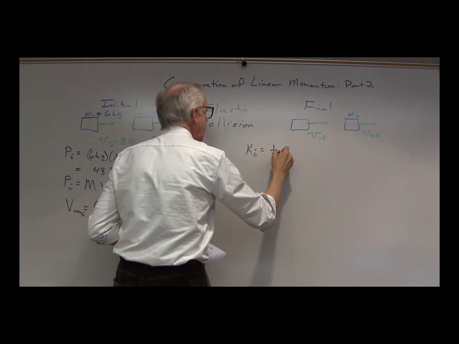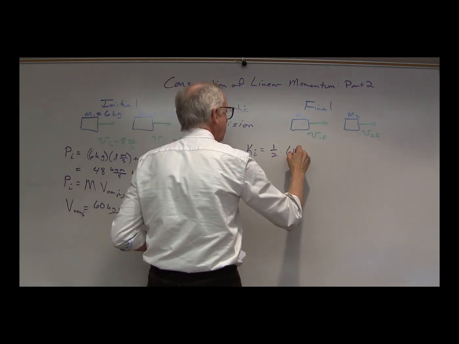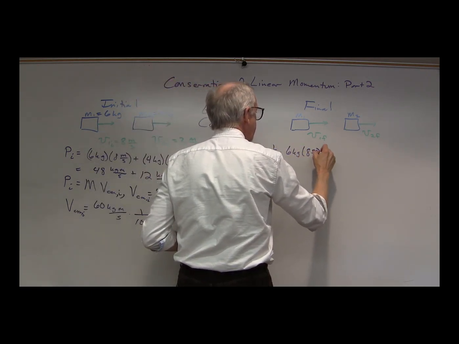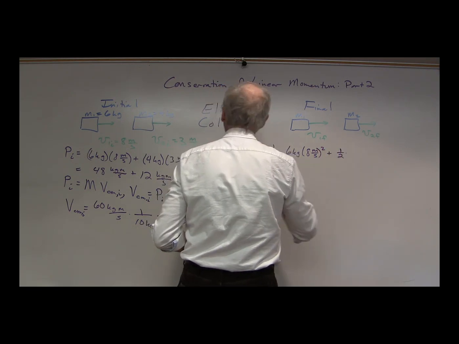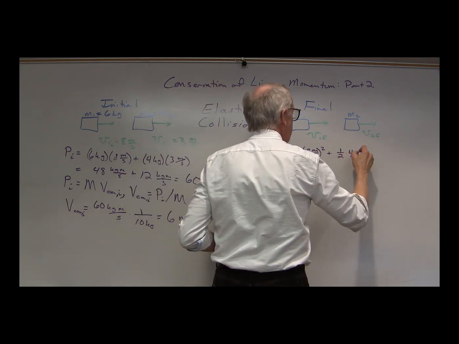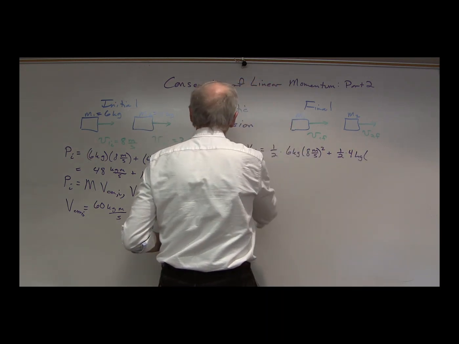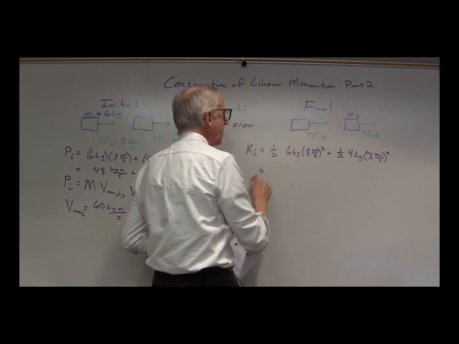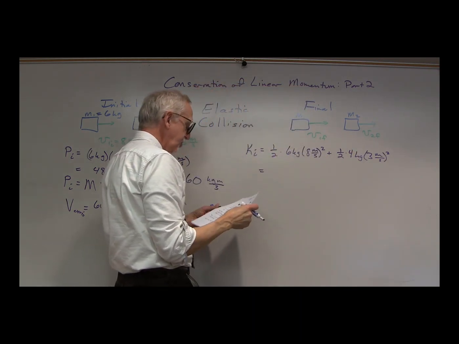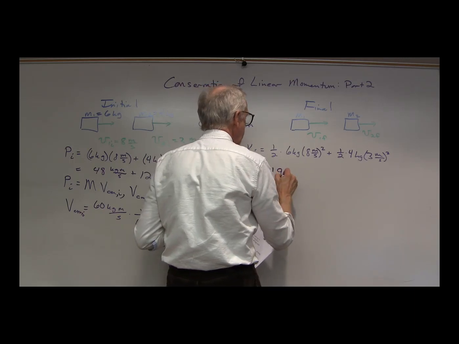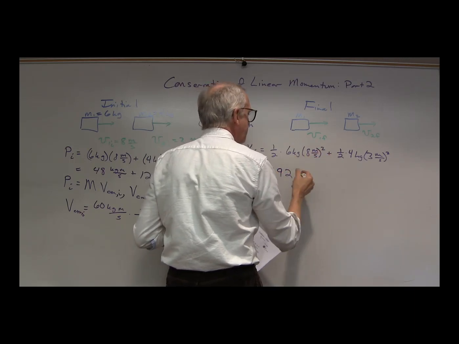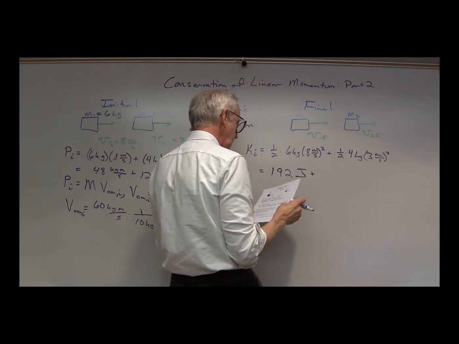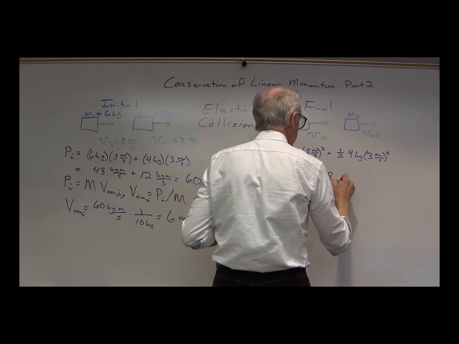We get 1/2 times 6 kilograms times 8 meters per second squared plus 1/2 times 4 kilograms times 3 meters per second squared, which is 1/2 times 6 times 8 squared, that is 192 kilogram meters squared per second squared, that's a joule, plus 1/2 times 4 times 3 squared, and that is 18.